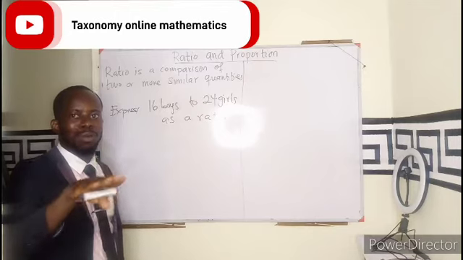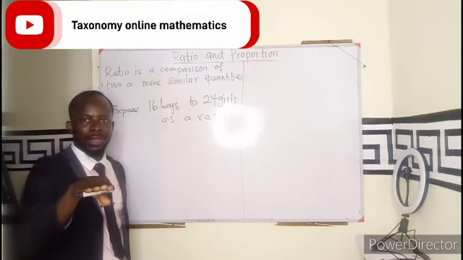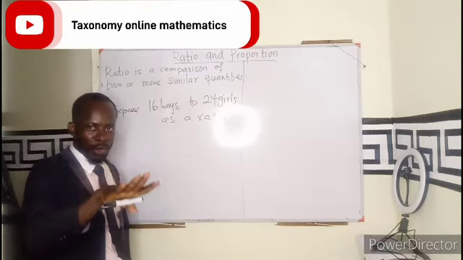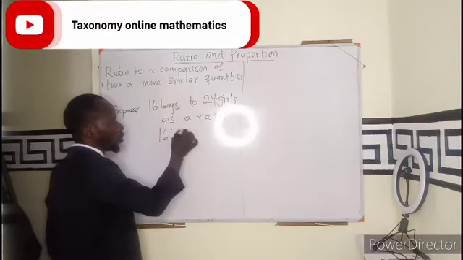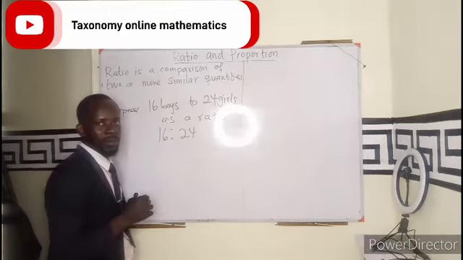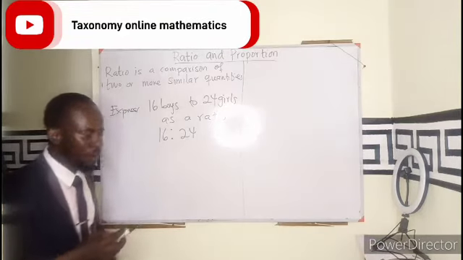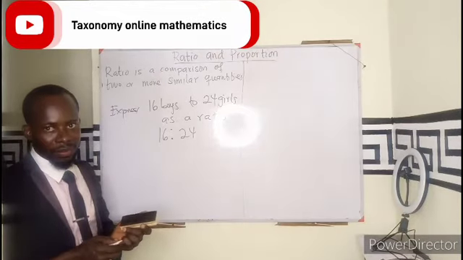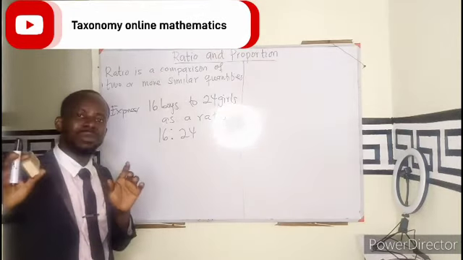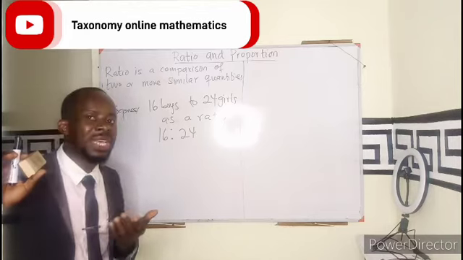Since they are all human beings, they are in the same unit, that is, they are all humans. So I am going to say that 16 is to 24. This is the ratio of 16 boys to 24 girls. But in writing, a ratio can also be simplified.